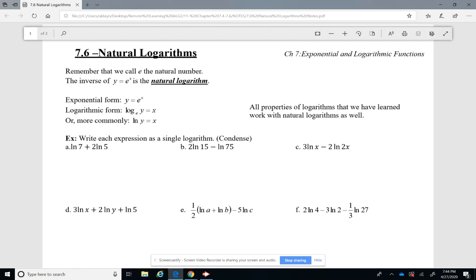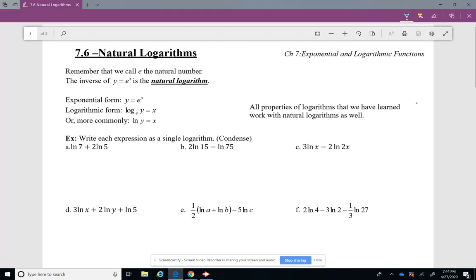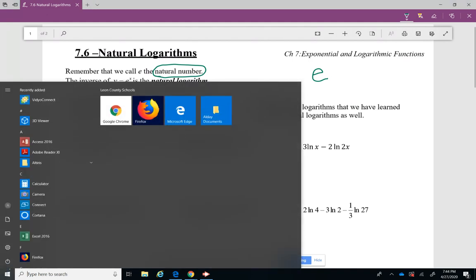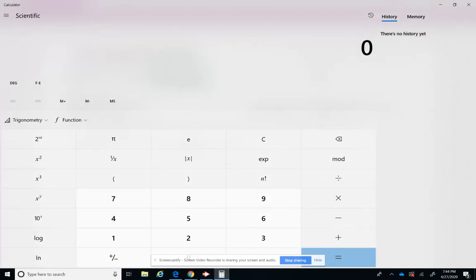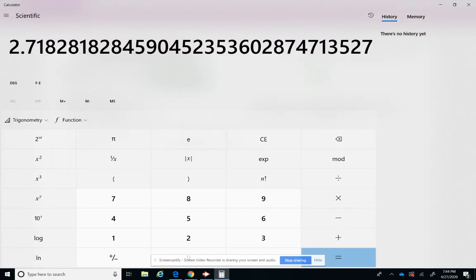Okay? So, one thing I want you to remember from last week is that when you go into the calculator and you hit the E button, that is actually a natural number. It is approximately, let me pull up my calculator and show you real quick, just to refresh your memory. If you press E, you see it's approximately 2.7.